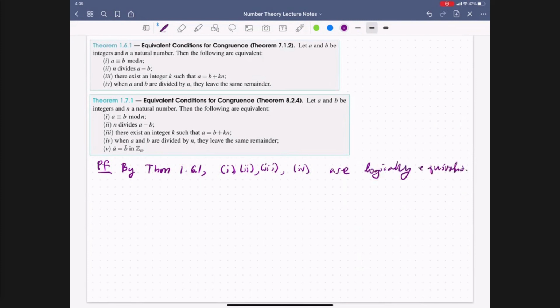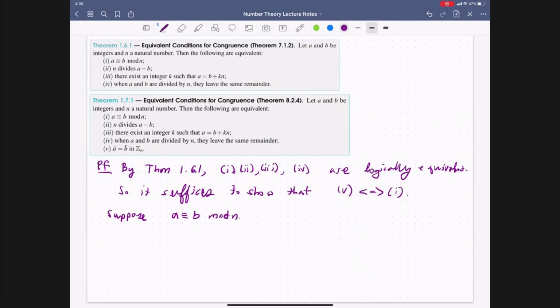So it suffices to show that 5 is equivalent to any of the statements 1, 2, 3, or 4, and we're going to show that it's equivalent to 1. So let's go ahead. Suppose that a is congruent to b mod n.